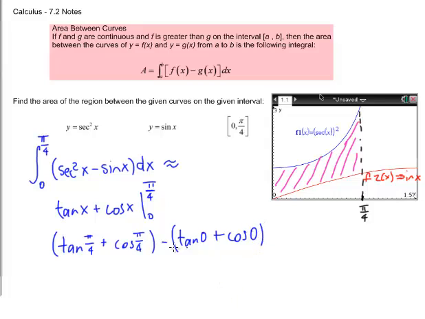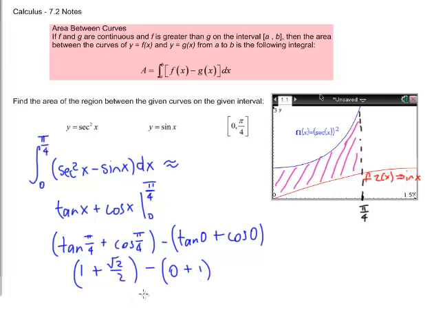Okay? So the tangent of pi over 4 is 1. The cosine of pi over 4 is the square root of 2 over 2. Minus, and then the tangent at 0 is 0, and the cosine at 0 is 1.